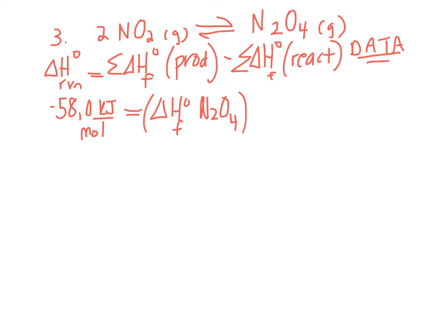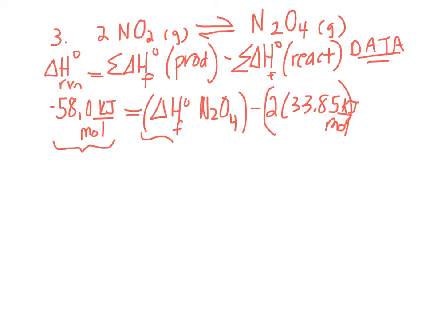So that's the product. And again, we're just setting this up the same way we've done before. Minus 2 times 33.85 kilojoules per mole. So we are actually given the value for the enthalpy of the reaction.